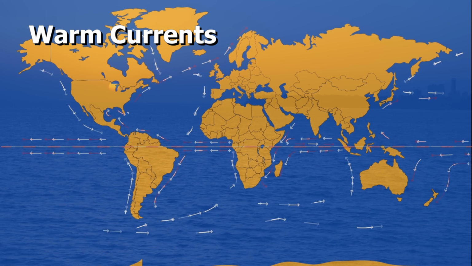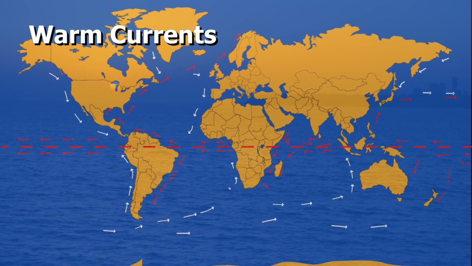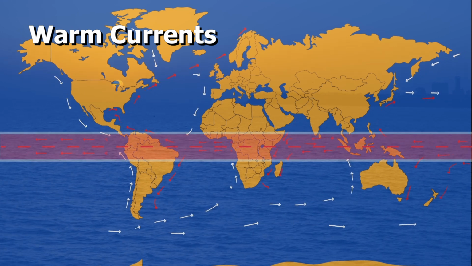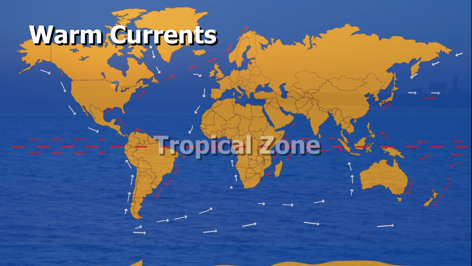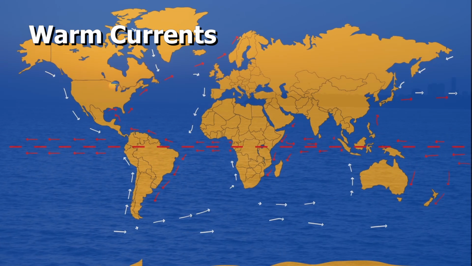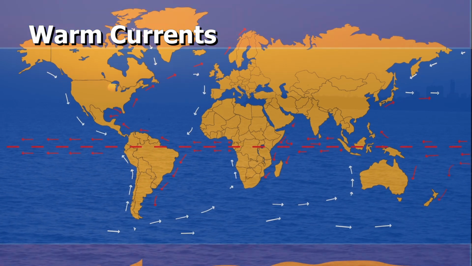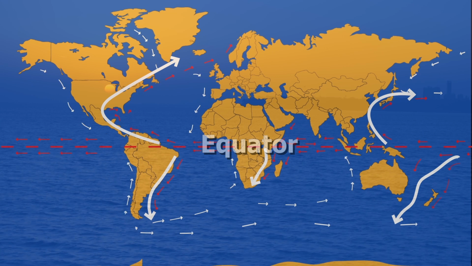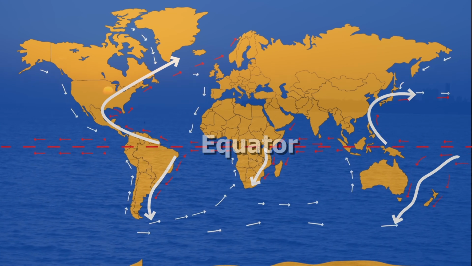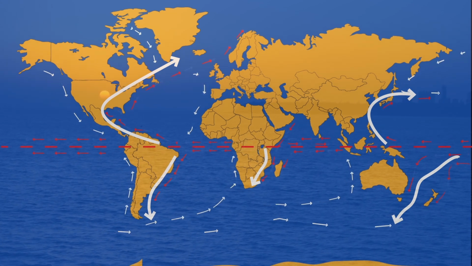Warm currents are those currents which flow from the lower latitude in tropical zones towards the high latitudes in the temperate and the subpolar zones.